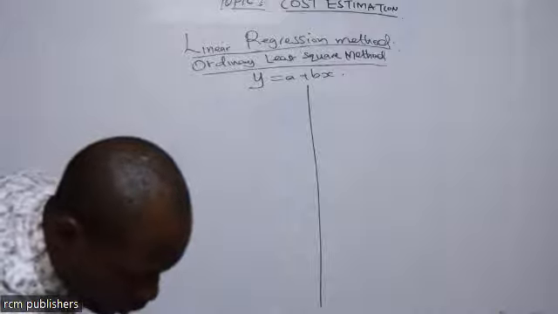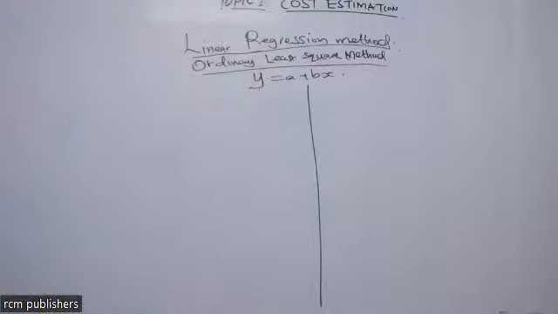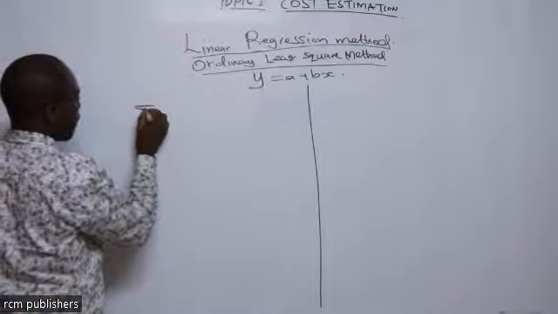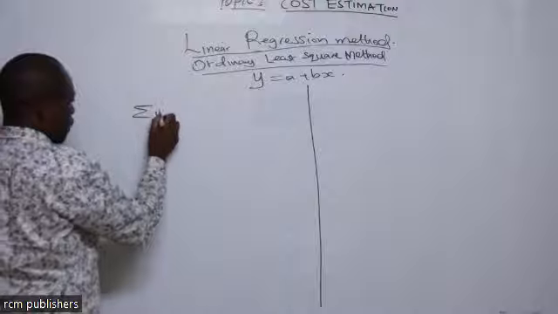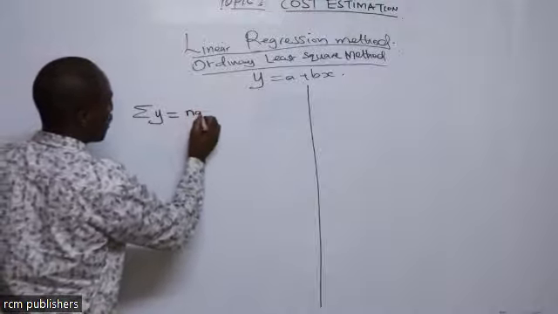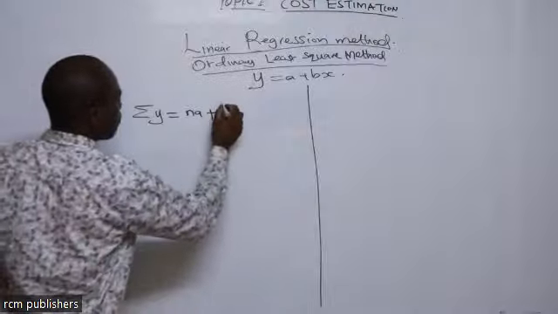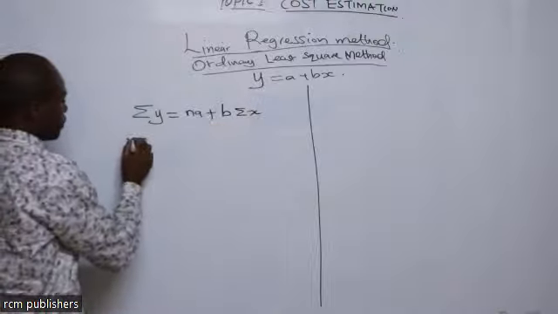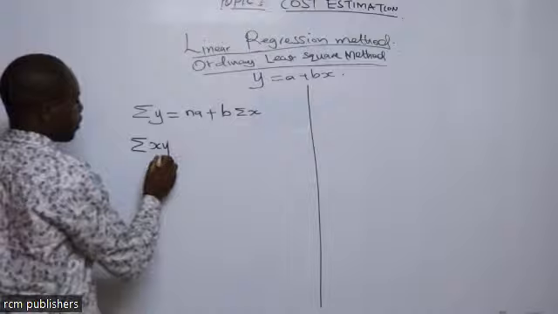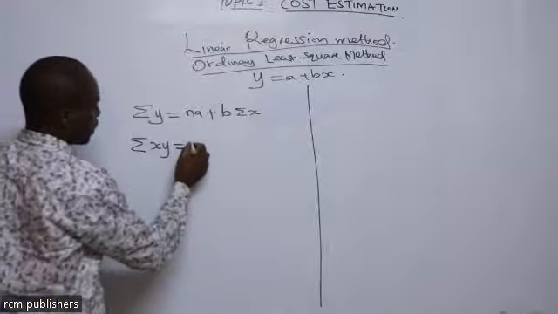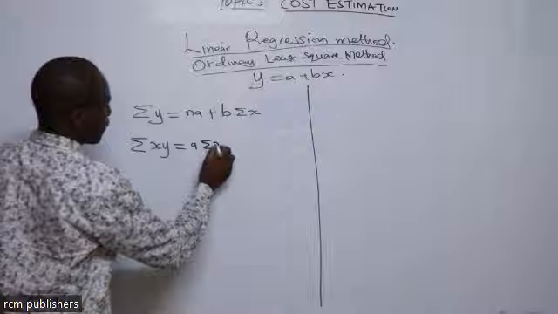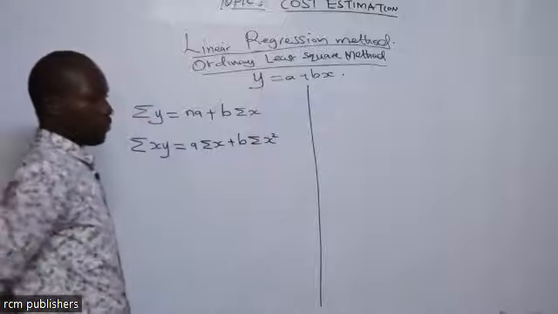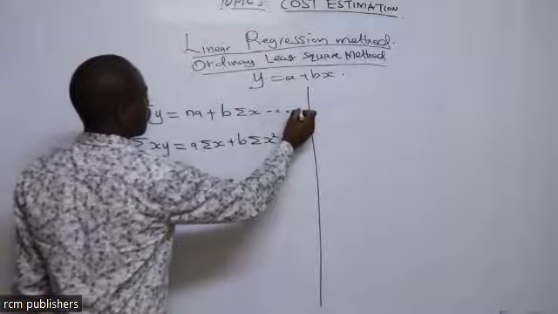So what we basically need to know is the first function here: summation of Y is equal to NA plus B summation of X. Then summation of XY is equal to A summation of X plus B summation of X squared. We only need to know these two.